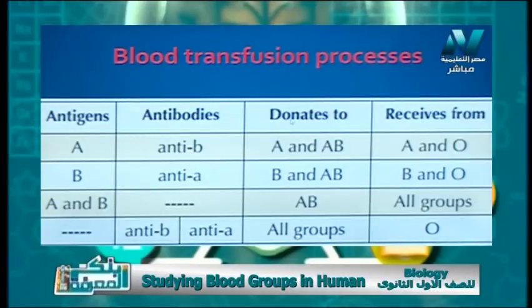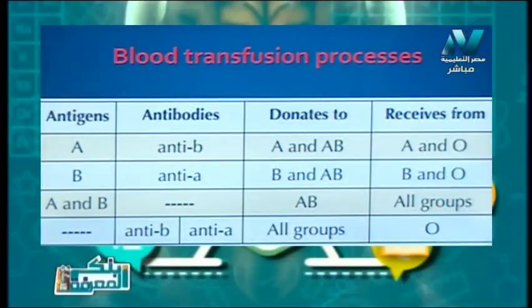Which one can take blood from another one? The donor of blood group A can give to another person with blood group A, and also to a person with blood group AB. Why? Because blood group A has no anti-A, and blood group AB has no anti-A.